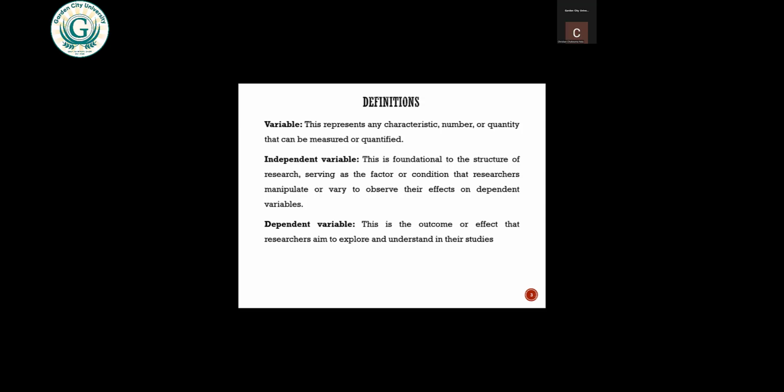So you counting the number of people who are anemic would make that a variable. So a variable is any characteristic, number or quantity that you can measure or you can quantify.